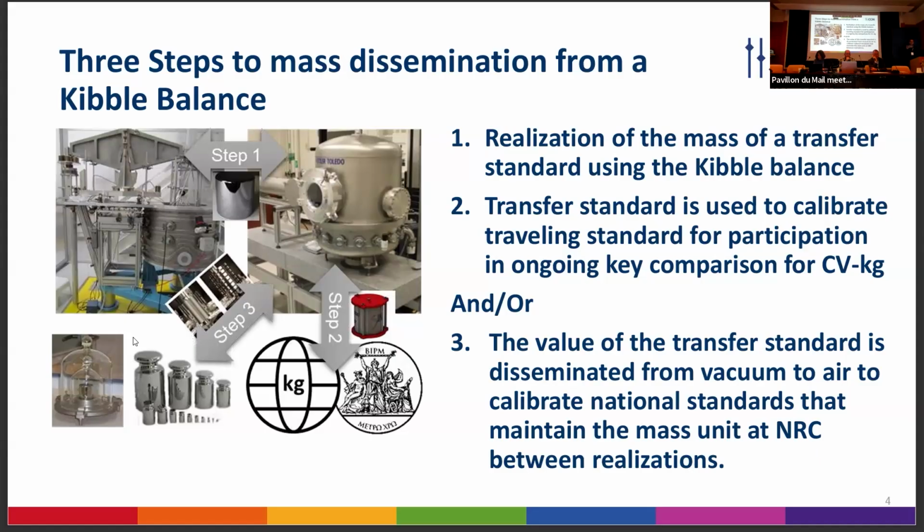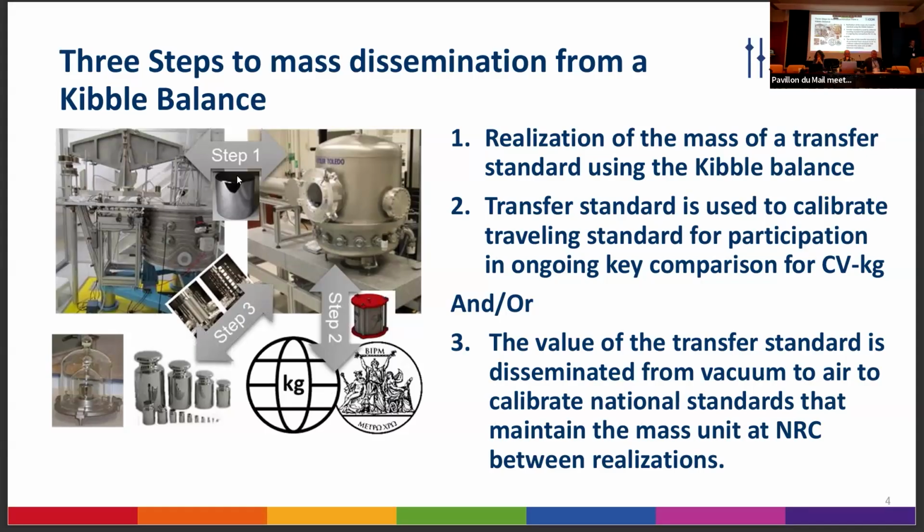So that's where we do the vacuum to air transition. Both the realization and the comparison are done in vacuum, but the end user is all in air, and we'll talk about how we transform that.